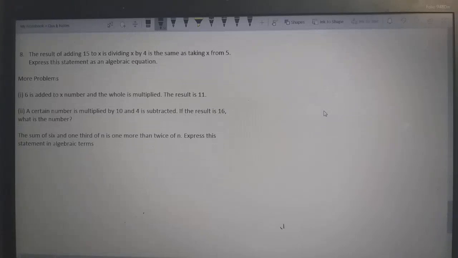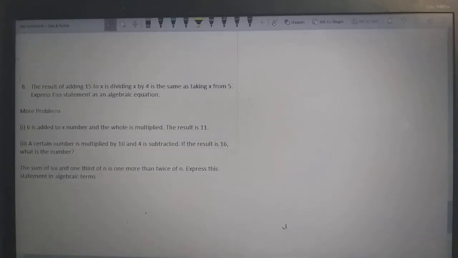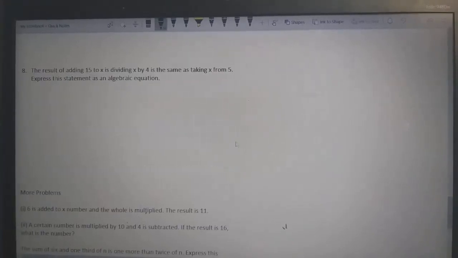Okay, now the eighth one says the result of adding 15 to x and dividing the result by 4 is the same as taking x from 5. Express this statement as an algebraic equation. Let me read again for clarity.